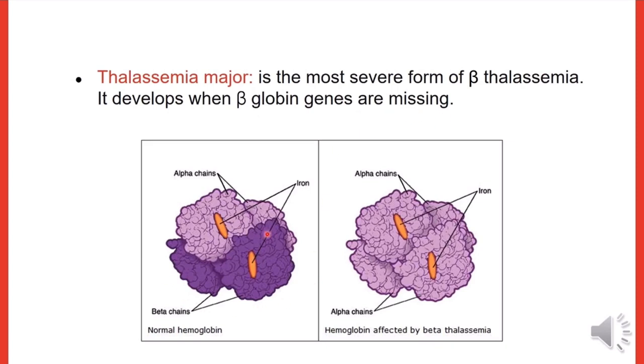So in normal hemoglobin, we have beta chains, while patients with beta thalassemia major have only alpha chains. There are no beta chains because the beta globin genes that code for the synthesis of the beta globin chains will be missing.